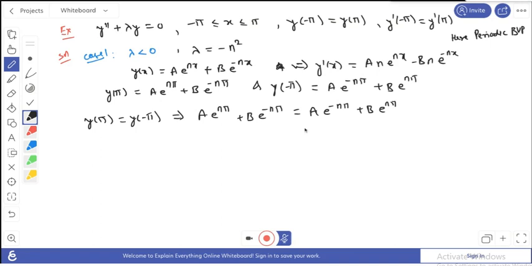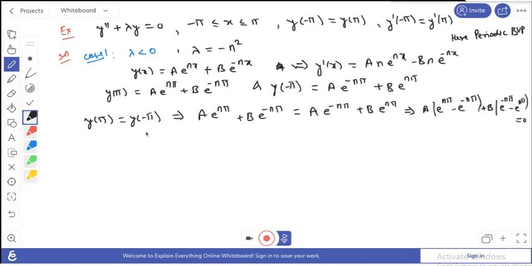Here you can get a simple equation: the coefficient of a will be e to the power n pi minus e to the power minus n pi, plus b times e to the power minus n pi minus e to the power n pi, equals 0.